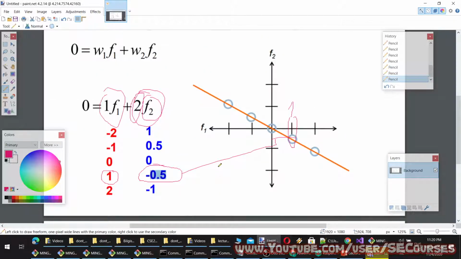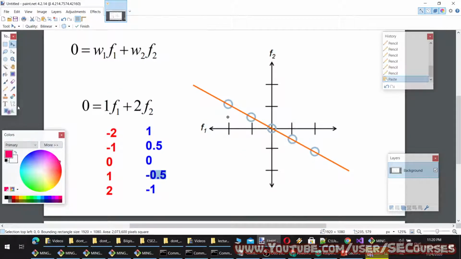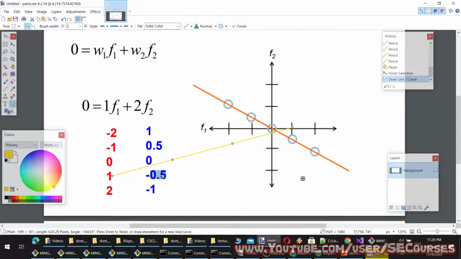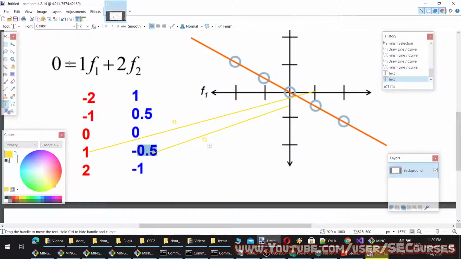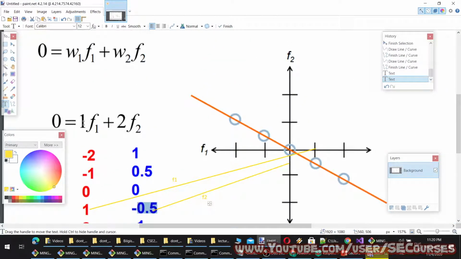Let me draw it again with clear lines. When this is 1, this is here. This is F1 and this is F2, based on W1 being 1 and W2 being 2.